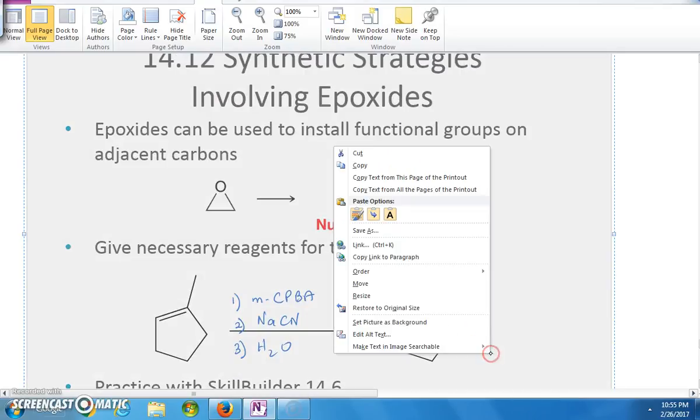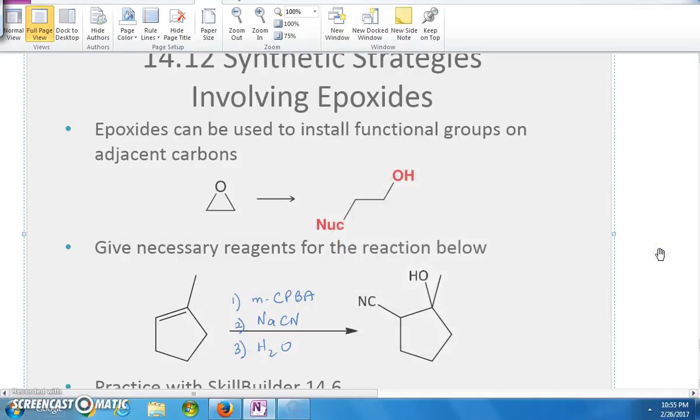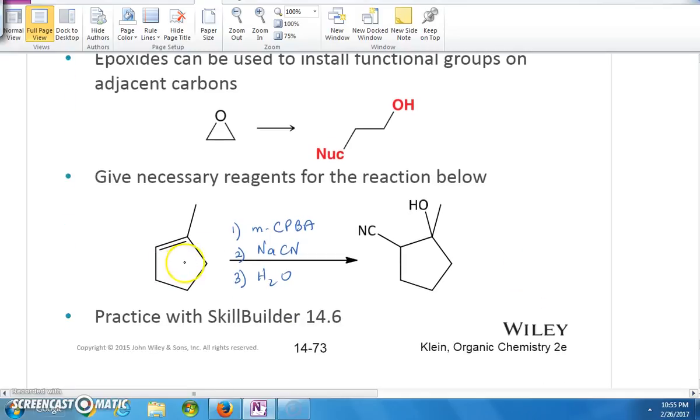Now, epoxides can be used to install functional groups on adjacent carbons. If you have a double bond, you can first convert it into the epoxide and then use a nucleophile to attack. Notice again that the nucleophile comes from the less hindered side.